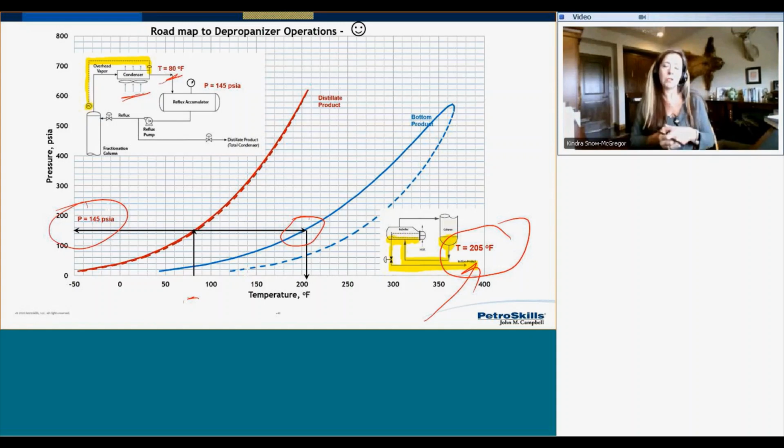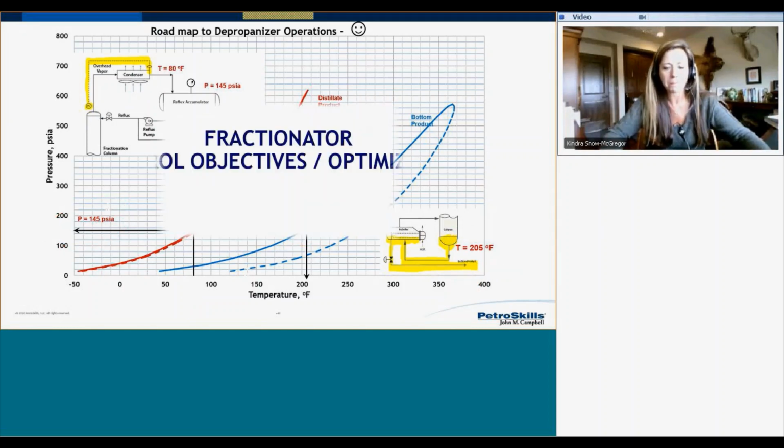It's now down to 205 Fahrenheit. One of the keys in understanding my fractionation column performance is understanding the effect of column pressure. The lower I can operate a column, the more efficient that separation is going to be. We'll talk a little more about that momentarily.